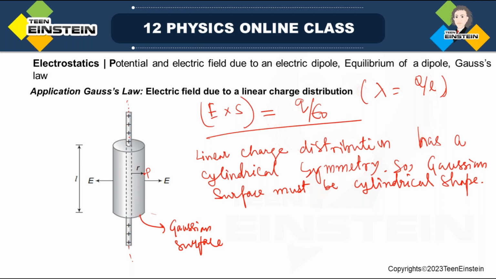See, the wire is infinitely long, but I have taken a Gaussian surface of cylindrical shape, and the length of the cylinder has been taken as L. L is the length of the cylinder, not the wire. The wire can be infinite.